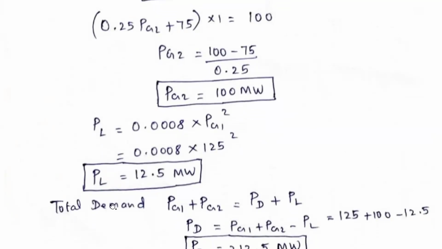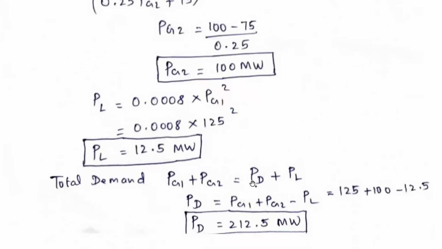So what is the total demand? What is the power balance constraint? Generation is equal to demand plus loss. Only two generators are given, so Pg1 plus Pg2 is equal to PD, demand, plus losses. We need to find the total load or demand, everything is the same. Taking this to the other side, PD is equal to Pg1 plus Pg2 minus PL.